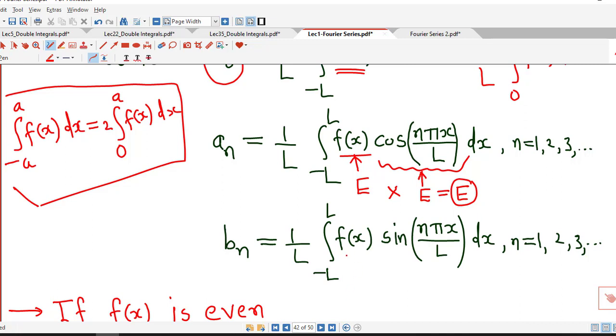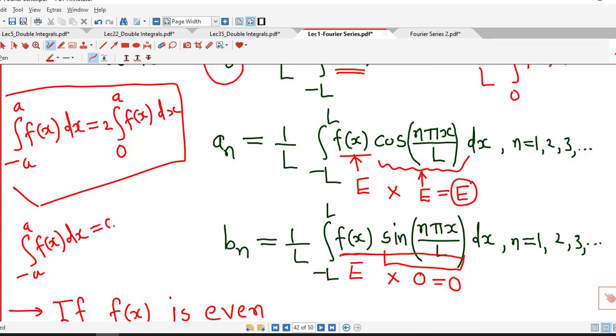Now we check for bn. Here the function is even and we know that the sine function is odd, and the product of even and odd functions is always odd. So this whole function, which is the product of two functions, is an odd function, and we know that if a function is odd and we integrate it over an interval of the type -a to a, its value is 0.